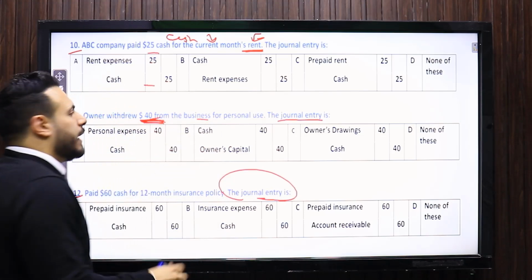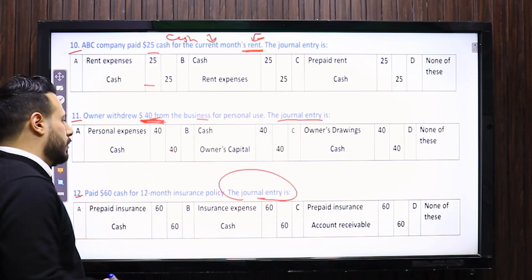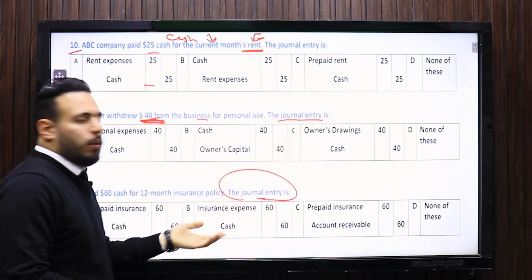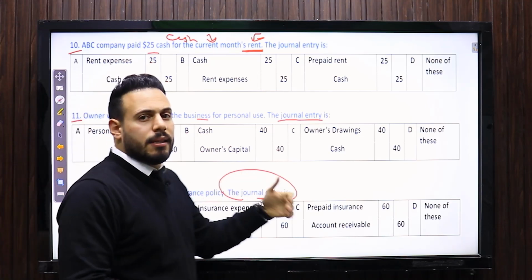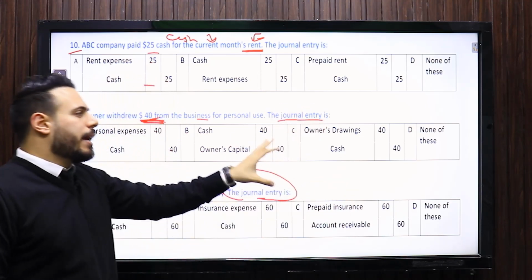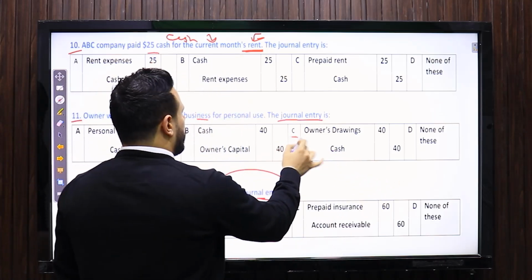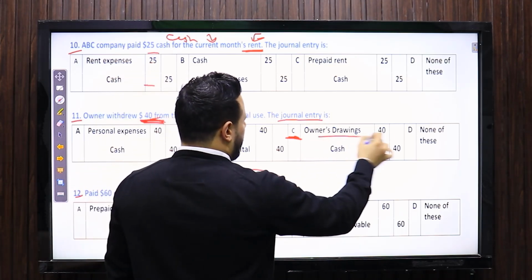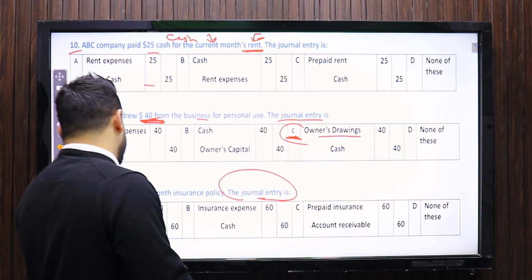If the cash decreased, we must put it at the credit side. And I will record drawings at the debit side because the drawings normal balance is debit, so when it increases, it must be put at the debit side. So I will use answer C: owner's drawings at the debit side by 40 and cash at the credit side by 40.